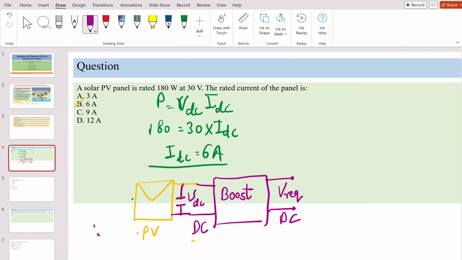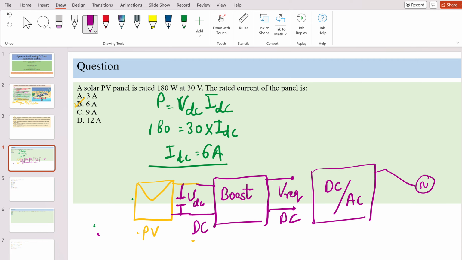Now for the connection with the grid, you need a DC to AC converter that will be connected to the grid. For a single phase AC system, you need a certain DC voltage. Suppose this is also V_DC. This is the DC link voltage, and the DC link voltage has to be maintained at a certain level to give the supply from the AC to DC.